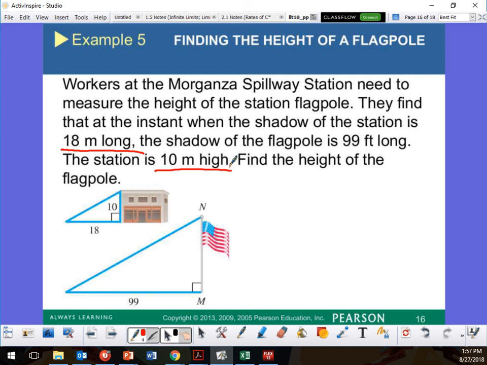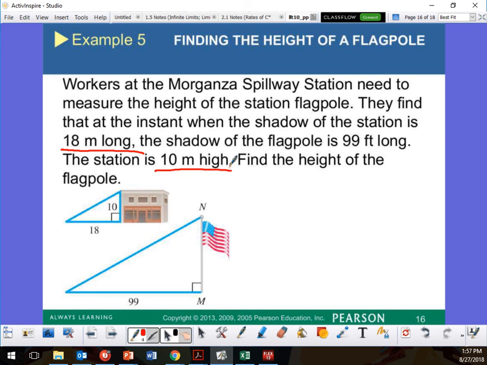What do you start off with? What you know. I know that one of the sides is 18. So how would I set up my fraction? 99 over 18.